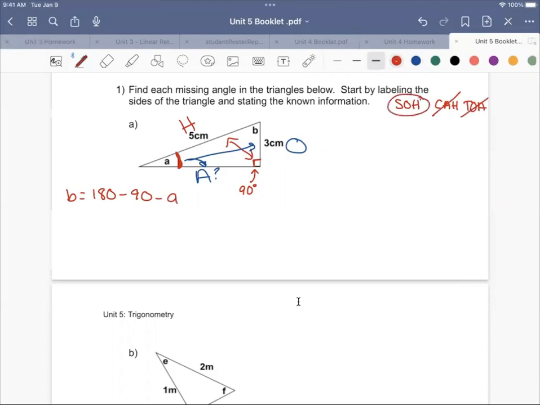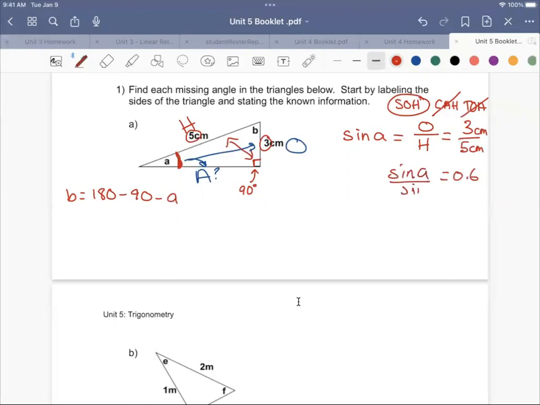What I can use is sine. So I know that the sine of angle A is equal to opposite over hypotenuse. So in this case, it's equal to 3 over 5 centimeters. This is equal to 0.6. So sine of A is equal to 0.6.